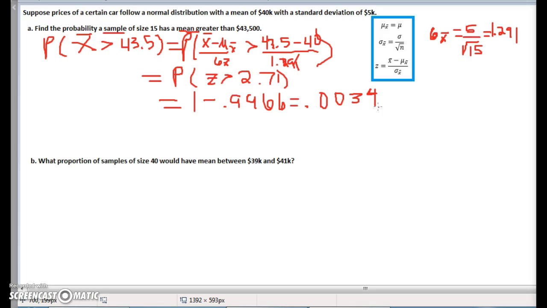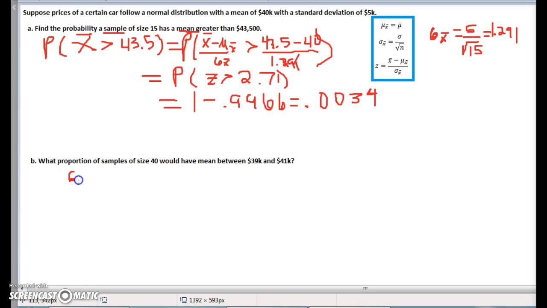$43,500. Okay, for the second example, what proportion or percentage of samples of size 40 would have a mean between 39,000 and 41,000? So now we have a different sample size. That means our sigma sub x bar is different, so we have to calculate that.